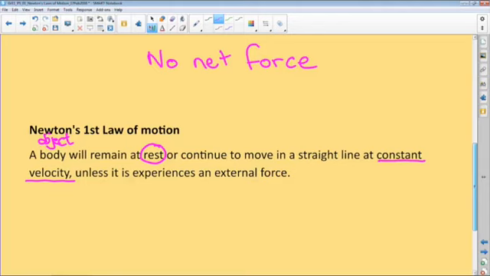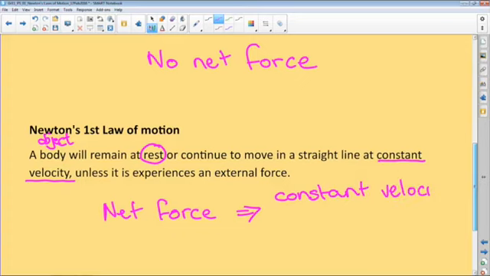So when it says experiences an external force, that means that there is no net force. When we have no net force, we are going to have constant velocity, or we are going to have an object at rest.